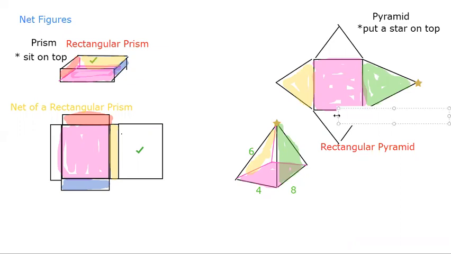So that would translate to this is 4 by 8 on your base. And then every single one of these triangles are 6. All of them are isosceles triangles because they're all the same height and they're all 6. Okay?